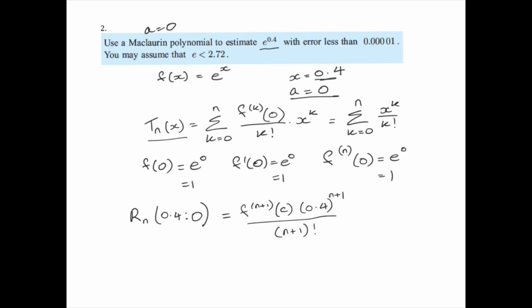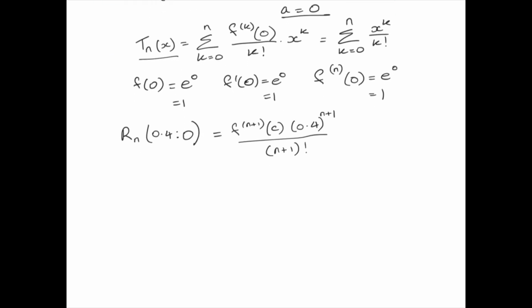And now wait a minute. The derivative of f(x) is always e to the x, so if you put c in it, for this first part here, you'll get e to the c times 0.4 to the n plus 1 over n plus 1 factorial.